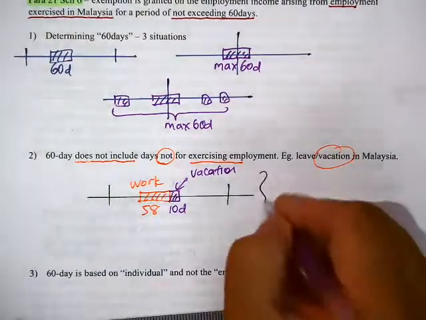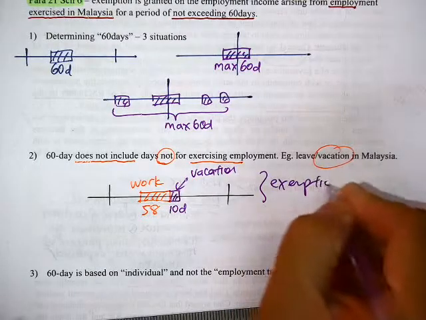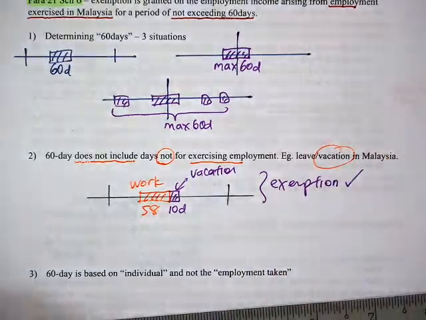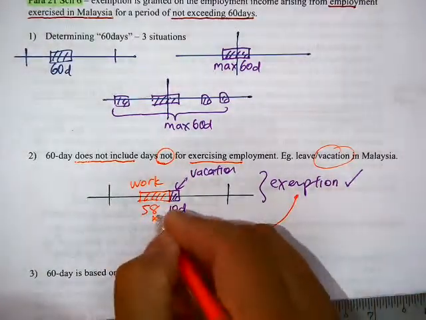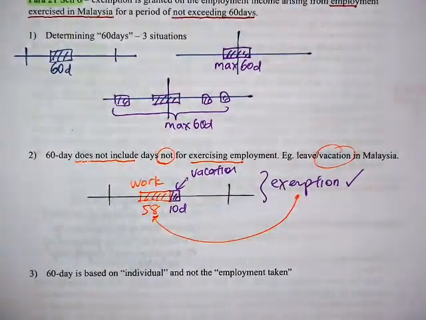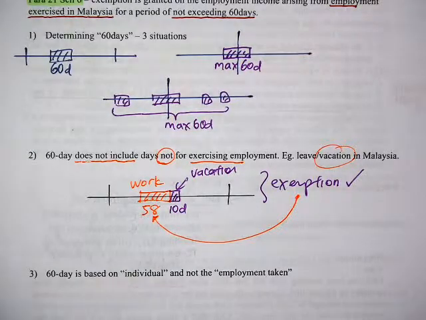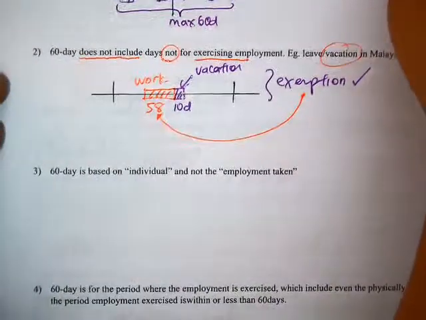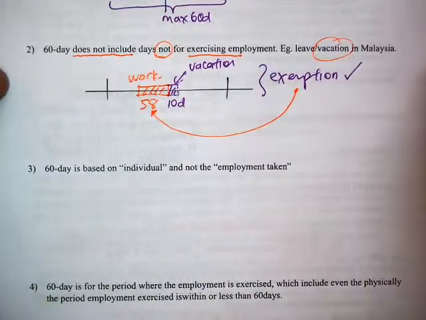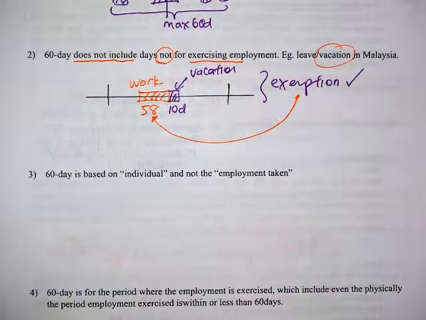In this case, the exemption will still apply. Understand? Because we only look at the 58, and we will not take into account the 10 days. Follow? Okay? So this is for cases where you are here for longer than 60 days, but you will still be given the exemption because you must look at the law. It's only for exercising employment.